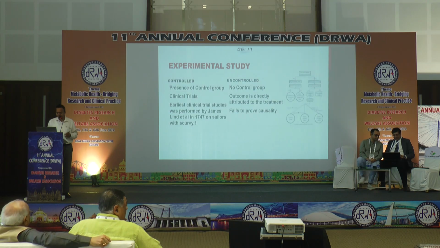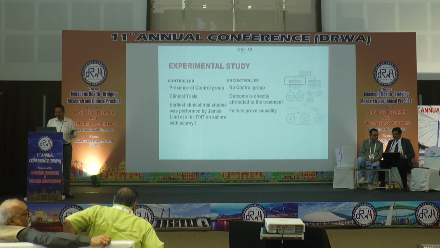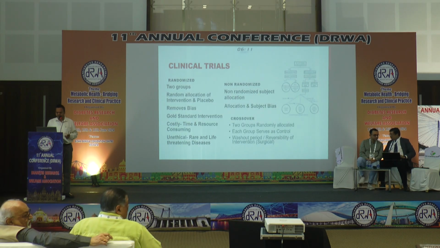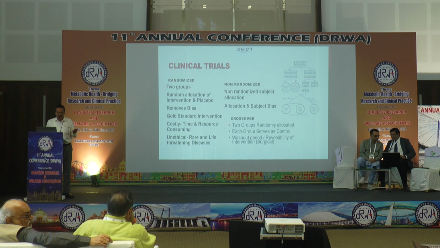Similarly, I think these have already been well explained, so I'll just skip some slides. Randomization, non-randomization, when groups are assigned randomly, so the population is selected, and of that selected population, random allocation is made to groups who would be intervened and who would not be intervened.